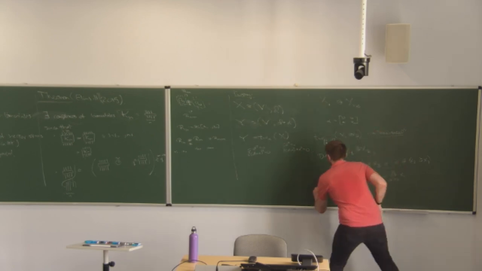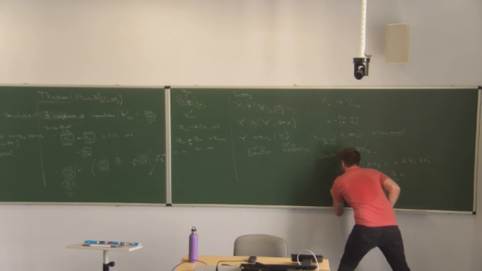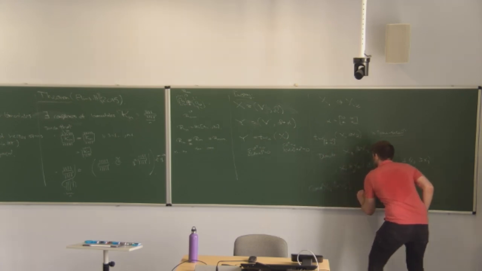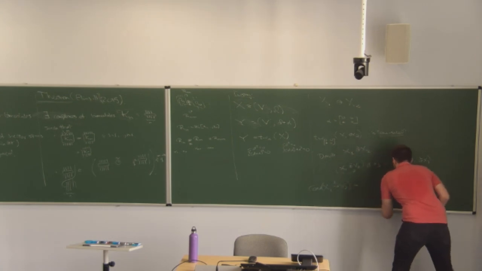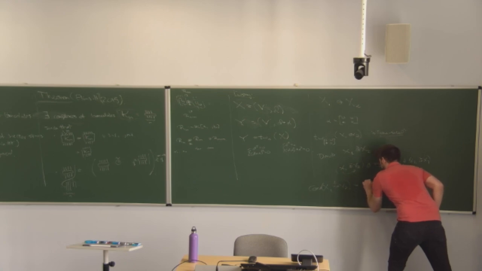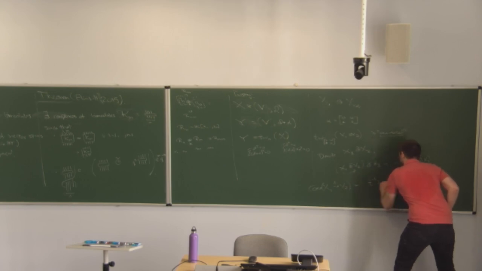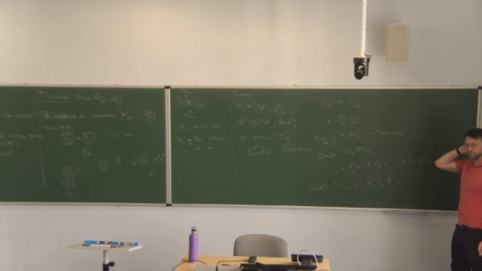So the actual cone, if you have a chain map from x1 to x2, then the mapping cone of this chain map is literally, you have to shift x1, and then it's a twist of this sort.